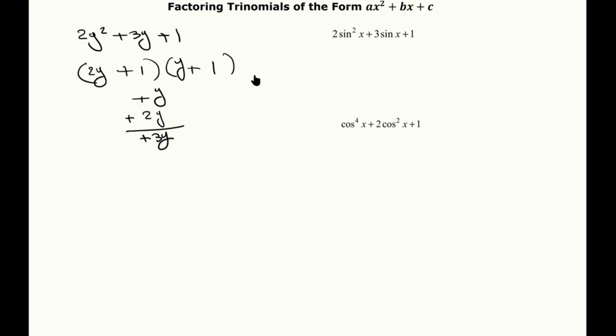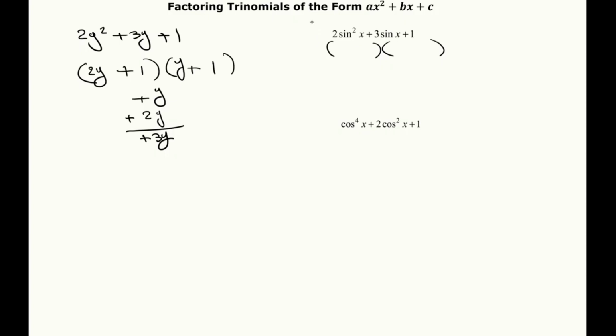Now, notice how similar these two look. That's because I did that on purpose. Notice the only difference is instead of y, we have sine x as the variable. So we'll go ahead and factor it in exactly the same way. We'll open two sets of parentheses. And in these two first spots, we're going to want two expressions whose product is 2 sine squared x.